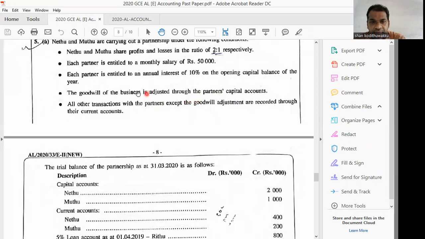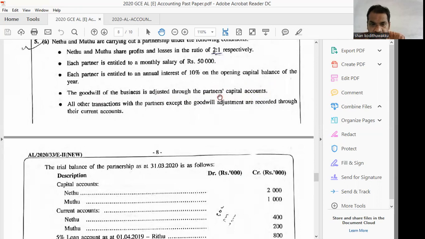I will say it again. If you are asked to adjust goodwill through partners' capital accounts, you have to debit all the partners' capital accounts according to their new profit sharing ratio, and credit according to their old profit sharing ratio in the capital accounts.